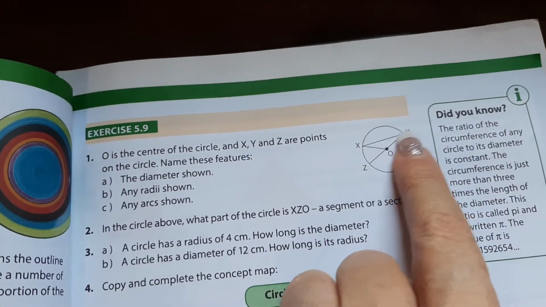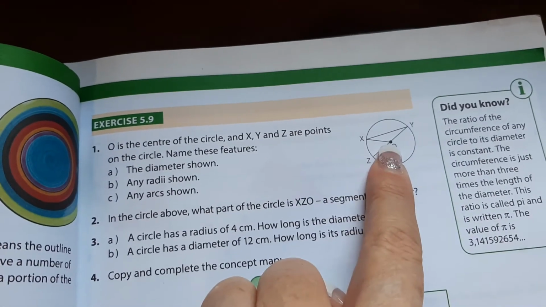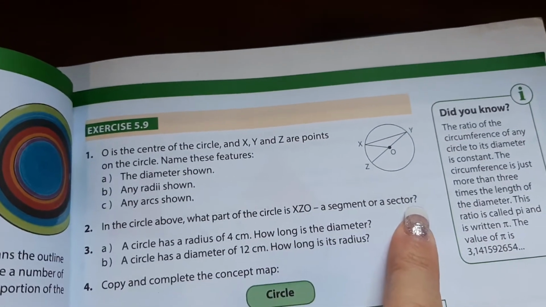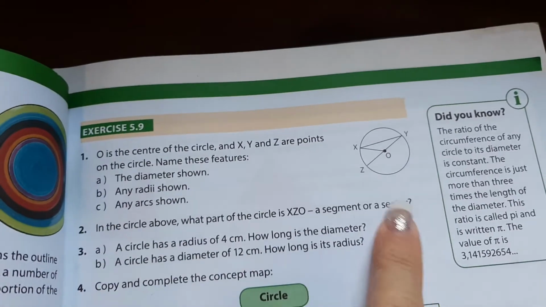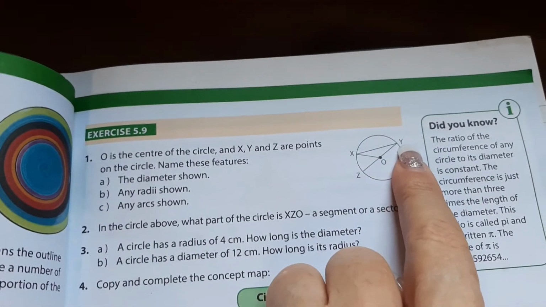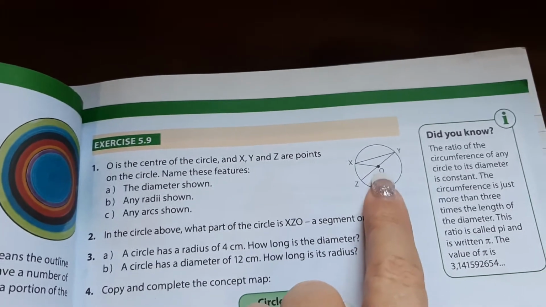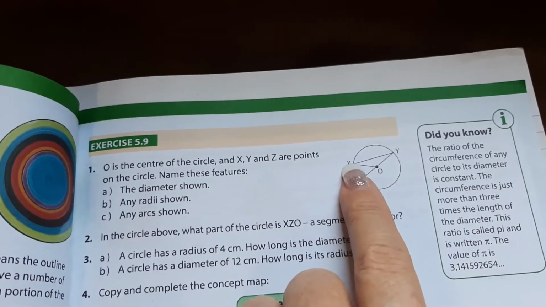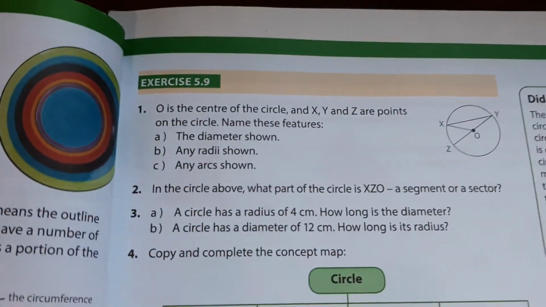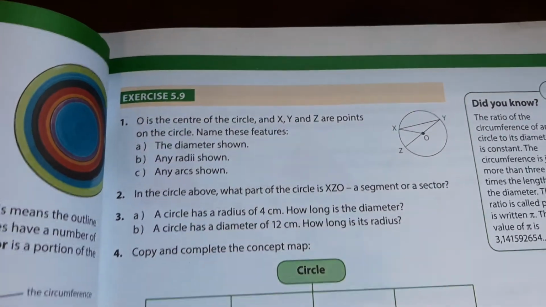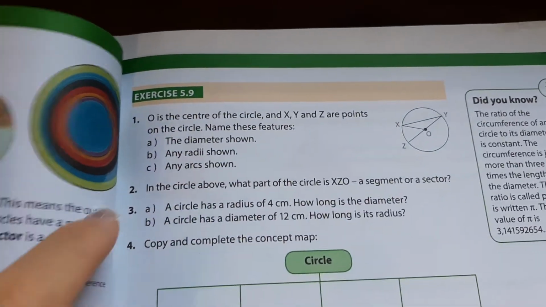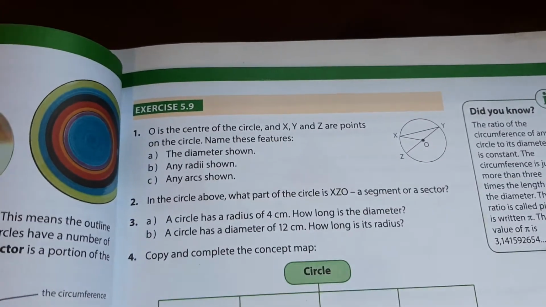There is a line, there is a line, and there's this line. Which of those three is the diameter? So you name it. Is it ZY, is it OX, is it OY, or is it XY? You must know. So this is how you do that one. And then you just answer number 2 and number 3.